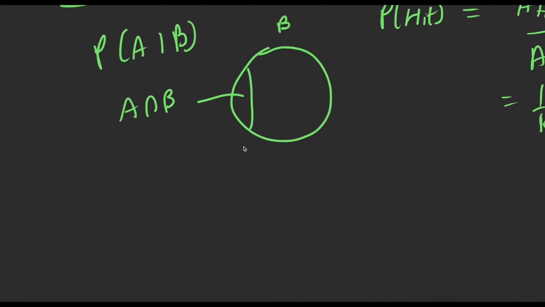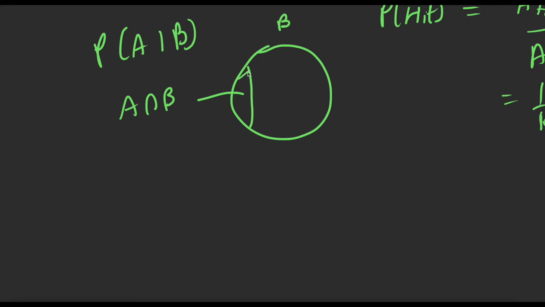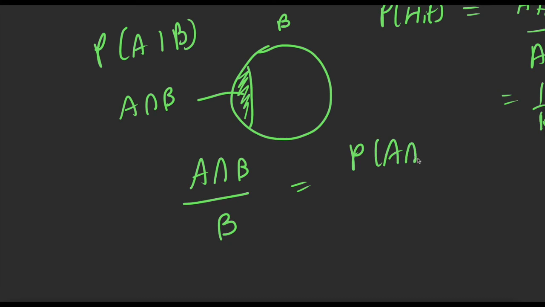The probability that A will occur only lies within this region. So the probability that A will occur is basically the area of A intersection B divided by the total area of B, or the probability P of A intersection B divided by P of B.